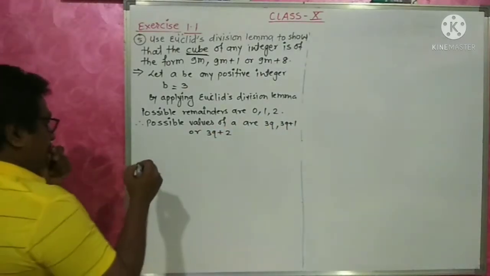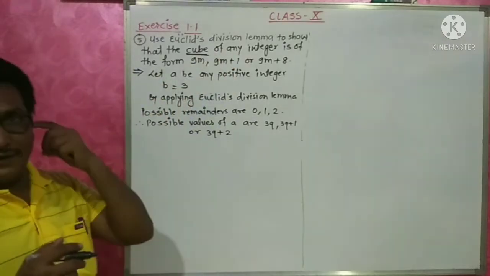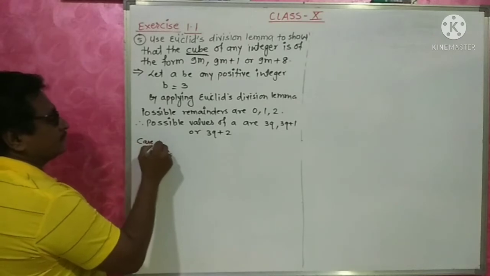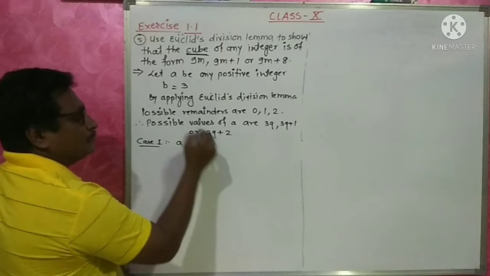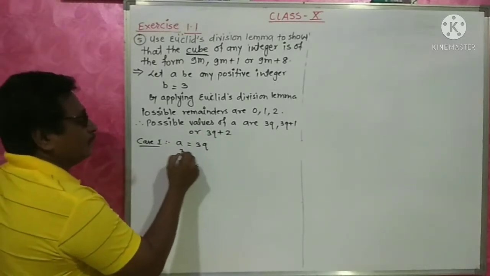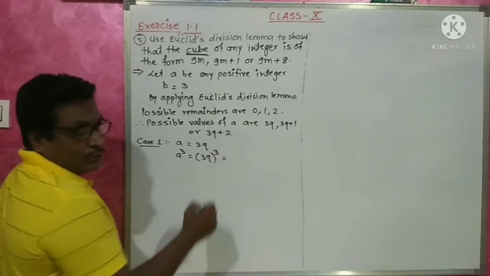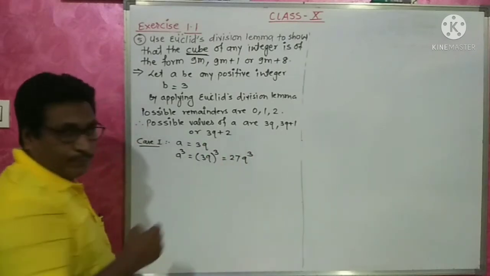Okay. But now what do they ask? Cube of any integer. So case 1, a equals 3q. So a cube means (3q) whole cube. So what will we get? 27q cube.